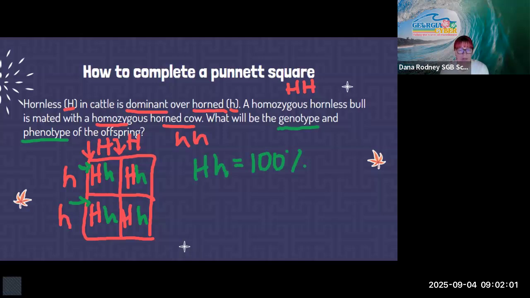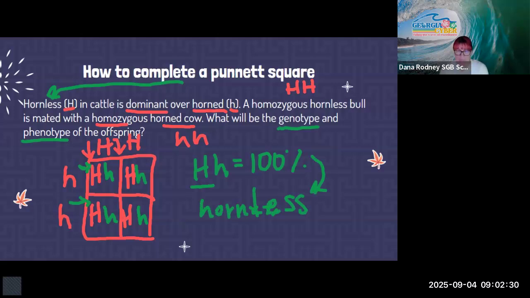Now, remember also that if the capital H is present, that means that the dominant trait shows. In this case, the dominant trait is being hornless. So it's going to be 100% hornless for the phenotype.